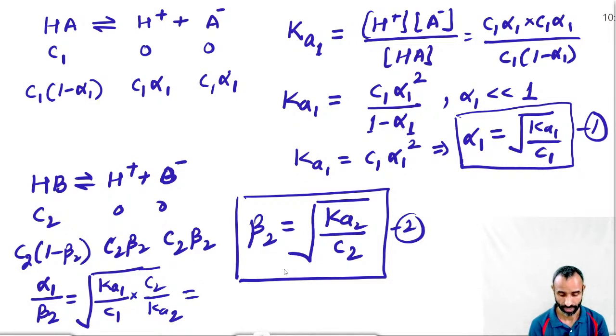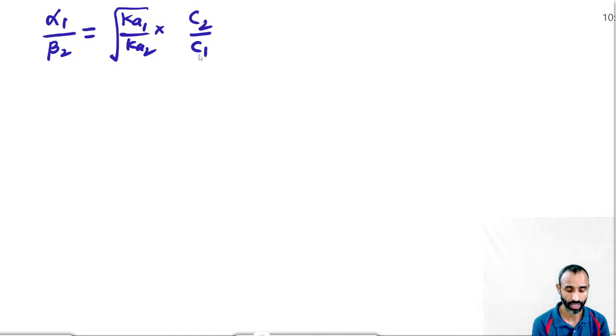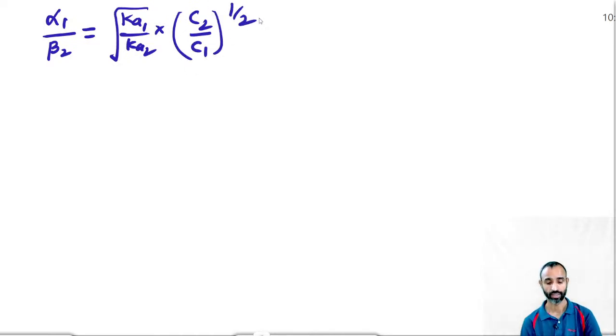That implies alpha 1 by beta 2 is equal to square root of Ka1 by Ka2 into square root of C2 by C1, or we can say C2 by C1 raised to power 1 by 2.